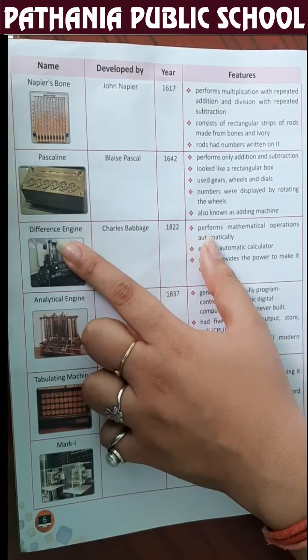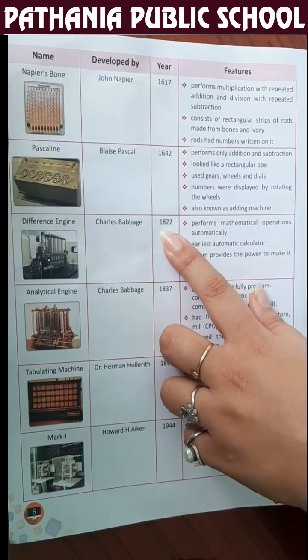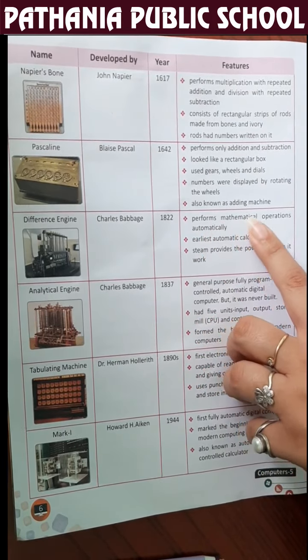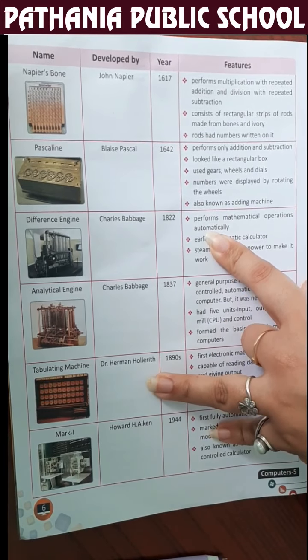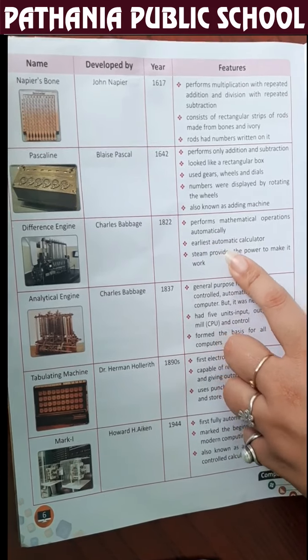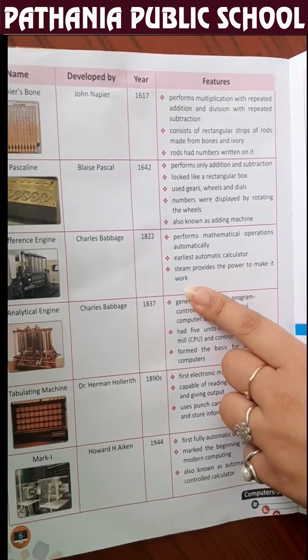The next one is the Difference Engine. It was developed by Charles Babbage in 1822, and its features are: it performs mathematical operations like addition, subtraction, etc. automatically. It is the earliest automatic calculator. Steam provides the power to make it work.